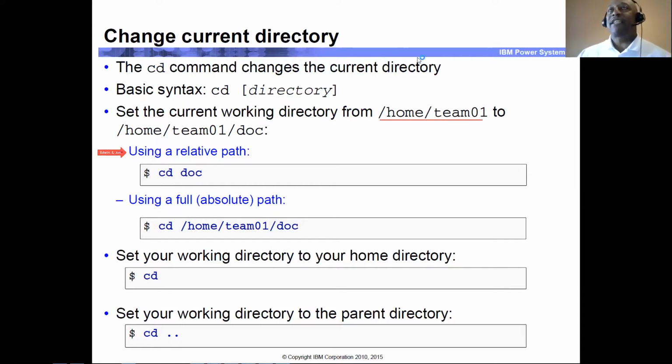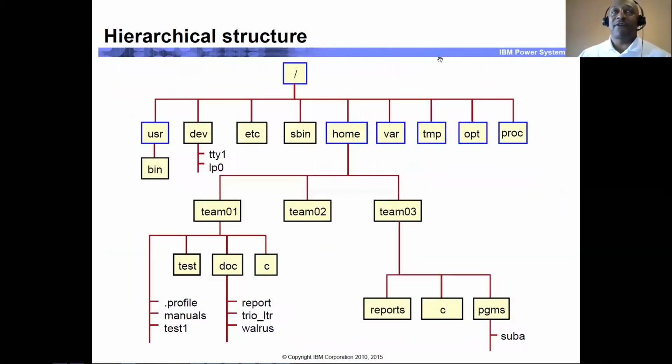Let's look back at this. Let's make this more practical and look back a few pages at that directory structure we saw. Our current directory is /home/team01. The customer wants to go to the DOC. If they're using relative path, currently they're in /home/team01, they simply issue CD, change directory to DOC.